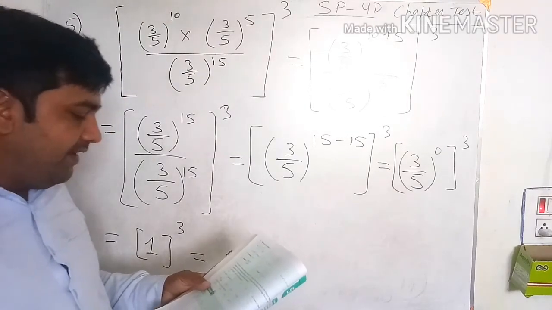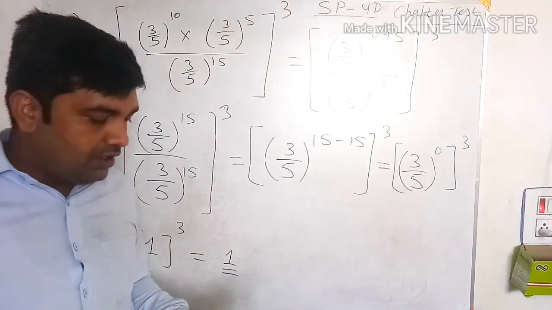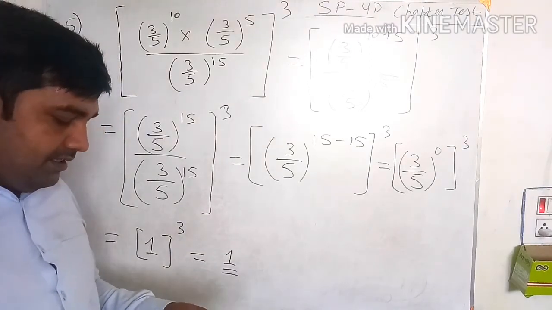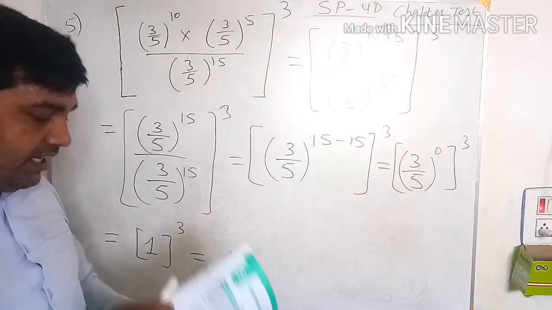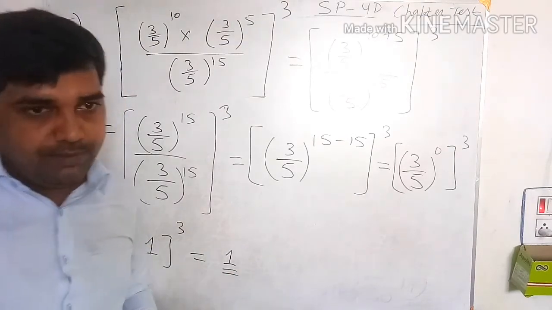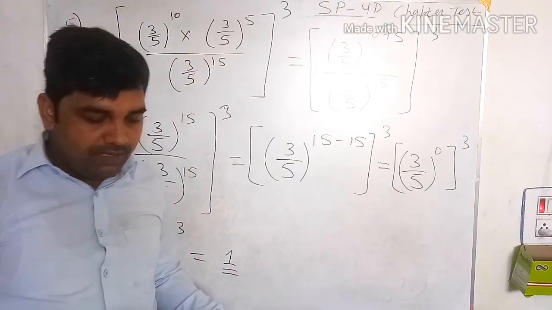Now 6th, 7th, 8th, 9th are very easy ones. I am leaving all these questions for the homework. So now in the next class, we will start a new lesson, that is algebraic expressions, unit 2 algebra. For your half yearly exam, the syllabus is from lesson 1 to 8.